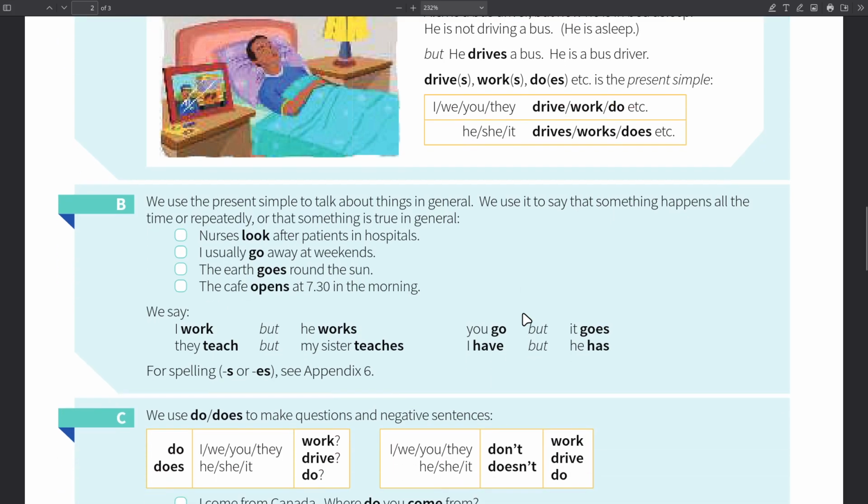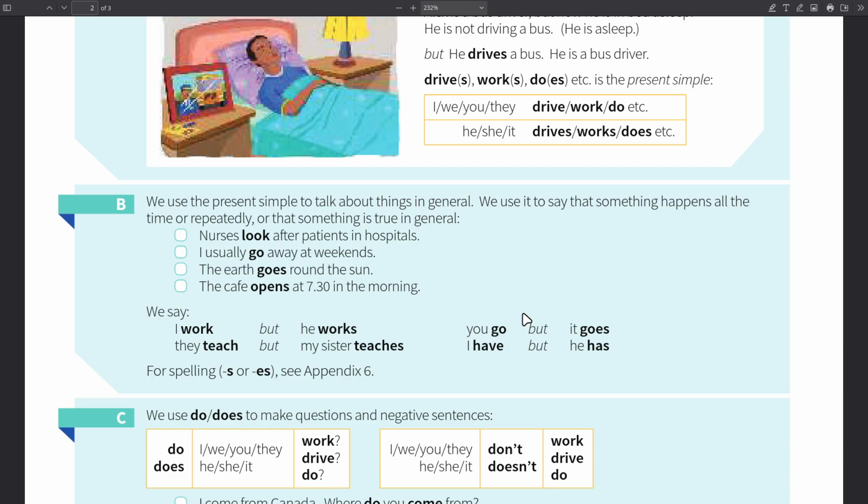Okay, for example, we use the present simple to talk about things in general. Remember, that's interesting, right? We use it to say that something happens all the time or repeatedly. Okay, or that something is true in general. For example, nurses look after patients in hospital, right?